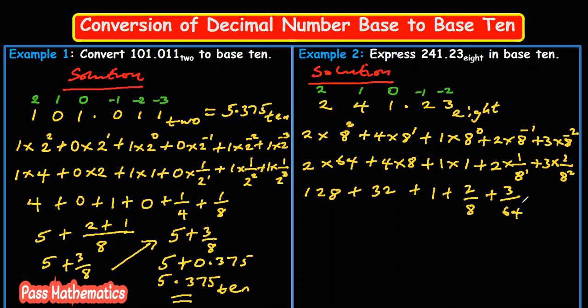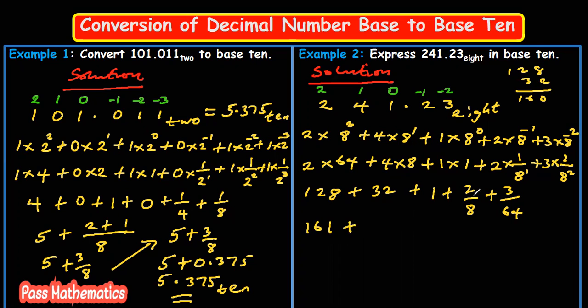Then let's add the whole parts. 128 plus 32 plus 1, so we are having 161.